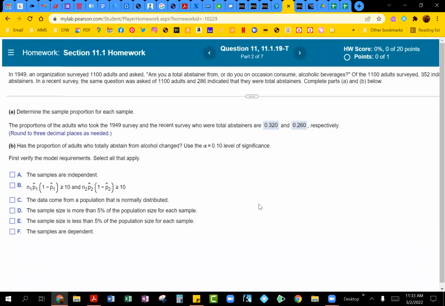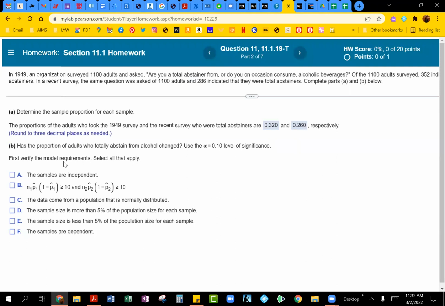And then, of course, we have to check and see if we are actually able to do a hypothesis test or not, what kind of sample do we have? Here they're saying, has the proportion of adults who totally abstain from alcohol changed? Use alpha as 0.10 level of significance.